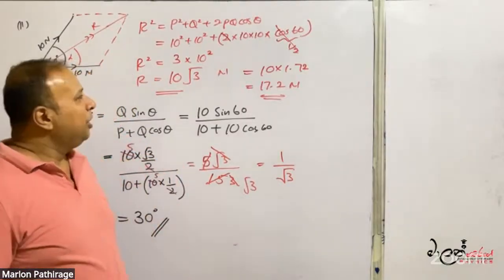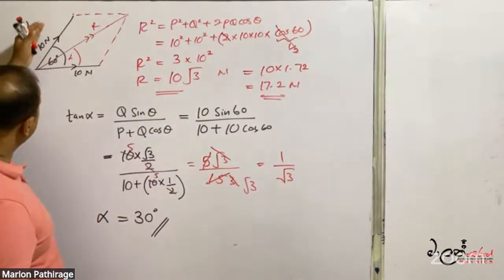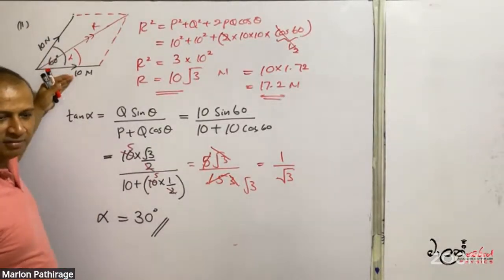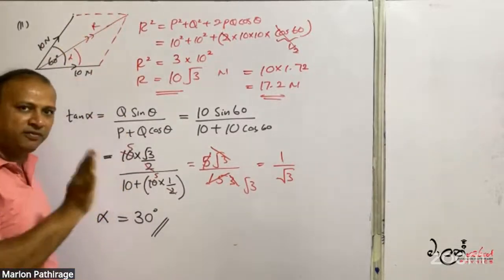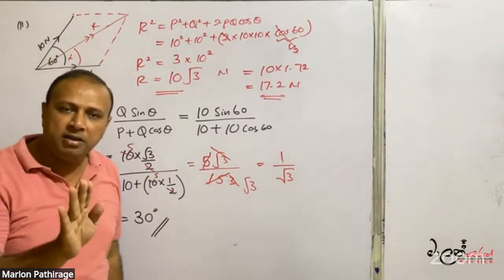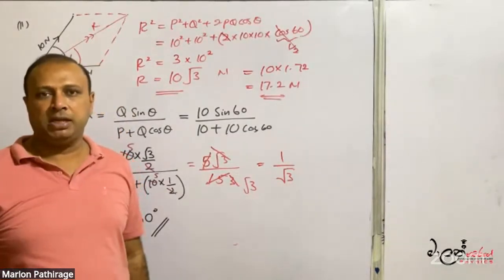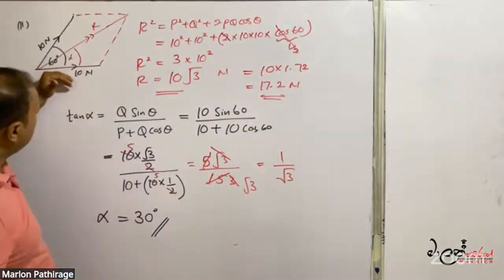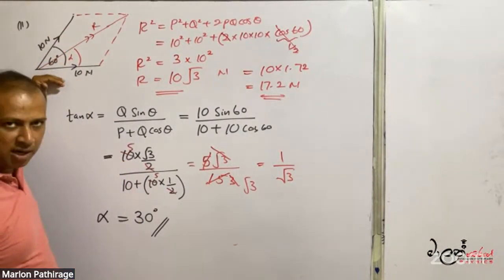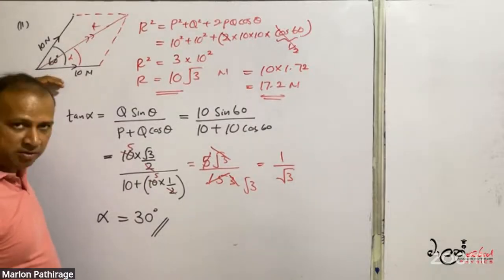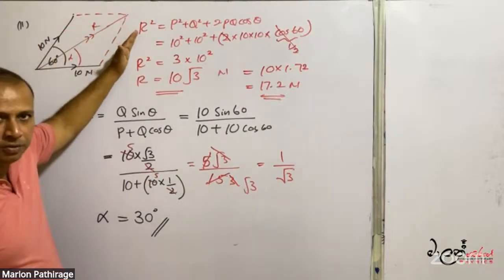Okay. Look at this one. These two sides are equal in length because both sides are 10. Therefore, if you complete this parallelogram, definitely all the sides should have the same magnitude. These two sides are parallel and equal in magnitude, and these two sides are parallel and equal in magnitude.